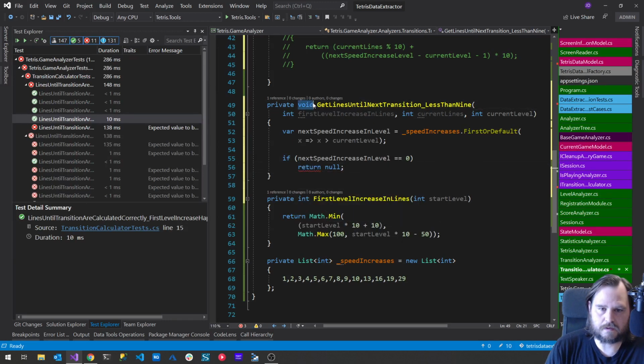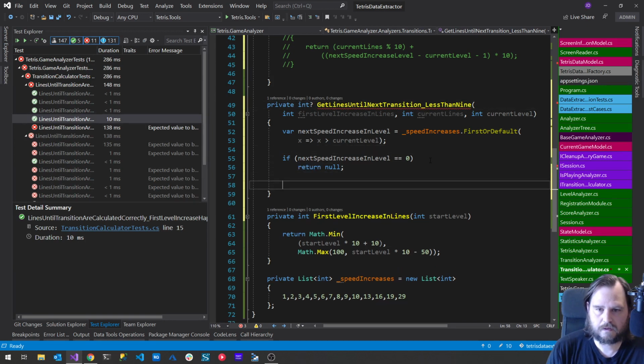And this is going to be a nullable int. Okay, now if there is a next speed level increase, everything in this scenario makes sense.